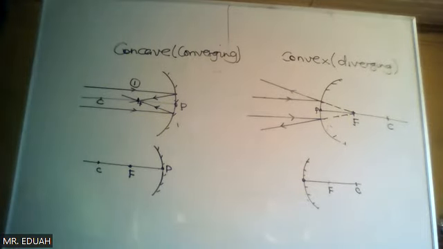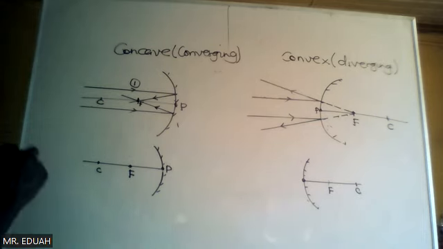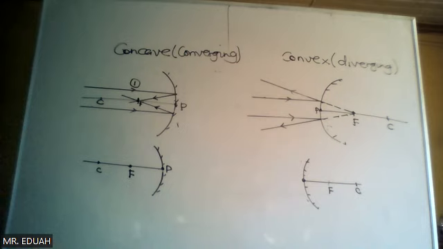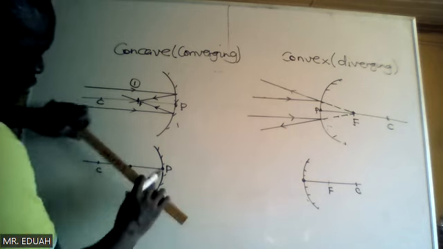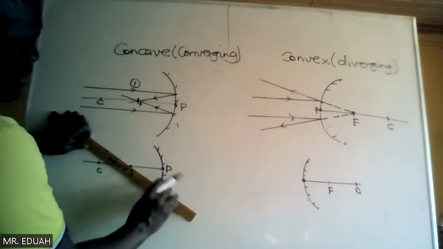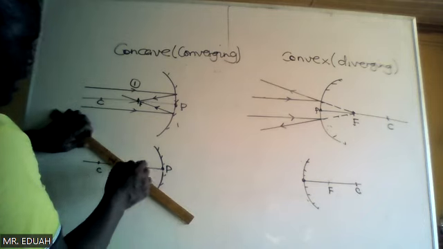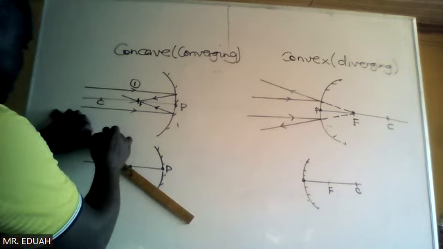Now, in the second principle, we are looking at a ray of light from the principal focus or through. Either the ray is directly from the principal focus or it is coming from elsewhere and passing through it.